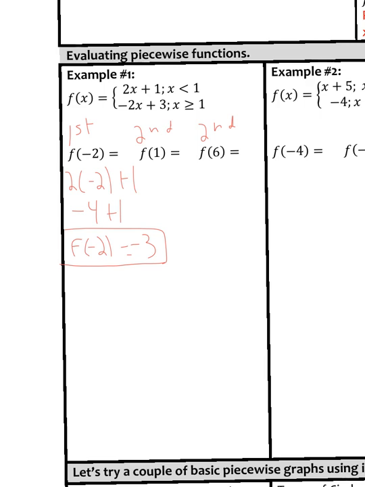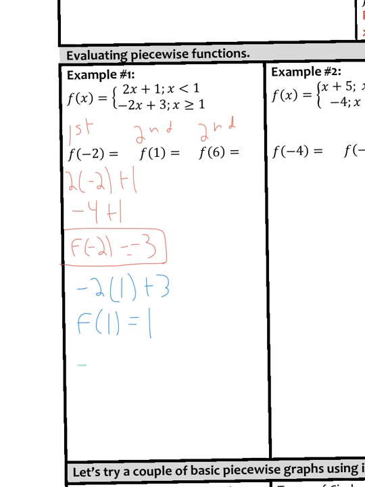Then for the next one, we're going to plug 1 into the second equation. So negative 2 with a 1 in, plus 3, which again, I would just type all of that in the calculator. And so f of 1 equals 1. And then the last one, again, we're plugging it into the second equation, but this time we're going to plug in the number 6.